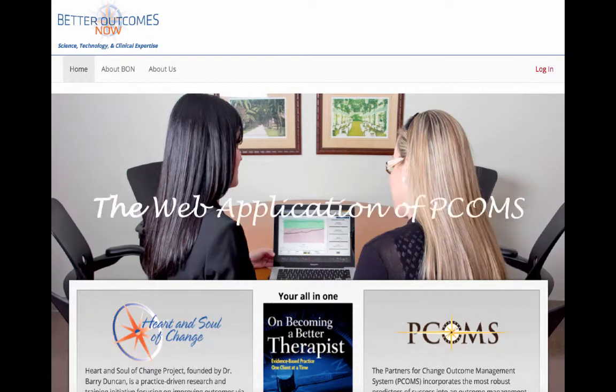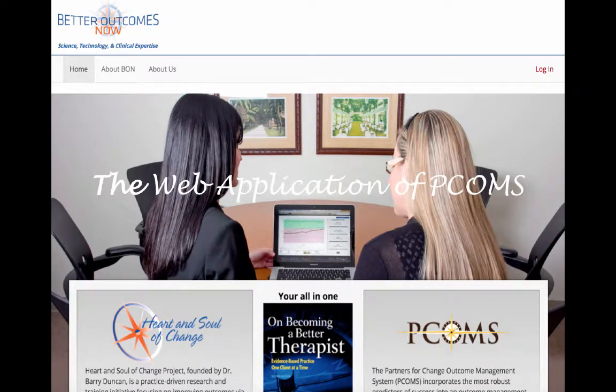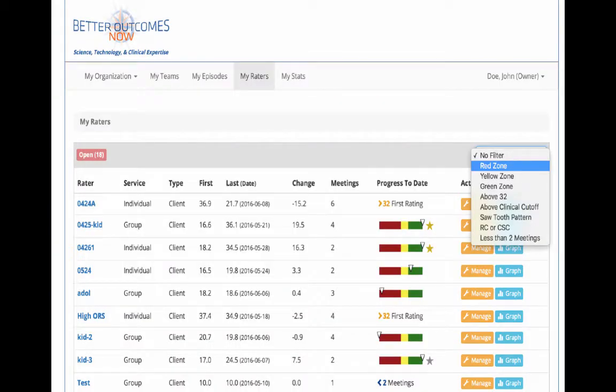And guess what? Better Outcomes Now helps you achieve all of those things, because validity checks are integrated into Better Outcomes Now to help the supervisory process. So here you see, right from the rater page, where we look at how clients are doing across a whole caseload, you can now filter and find these clients who are above 32, who are above the clinical cutoff, who have that sawtooth pattern.